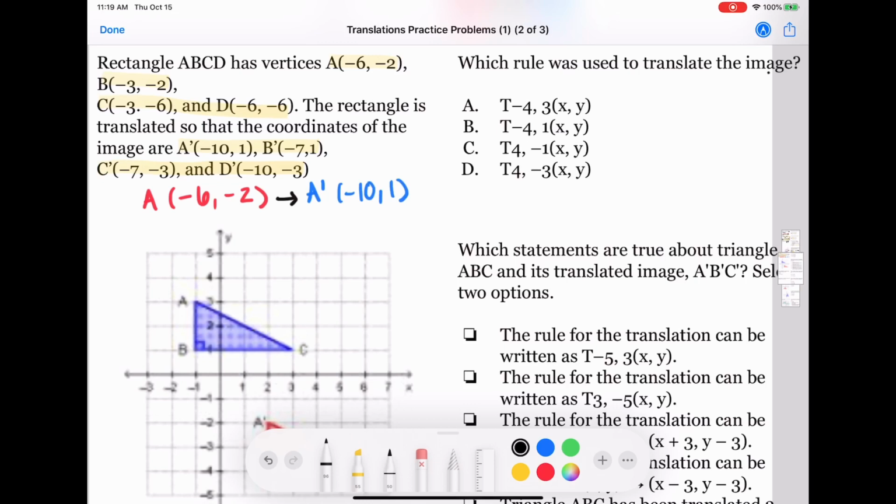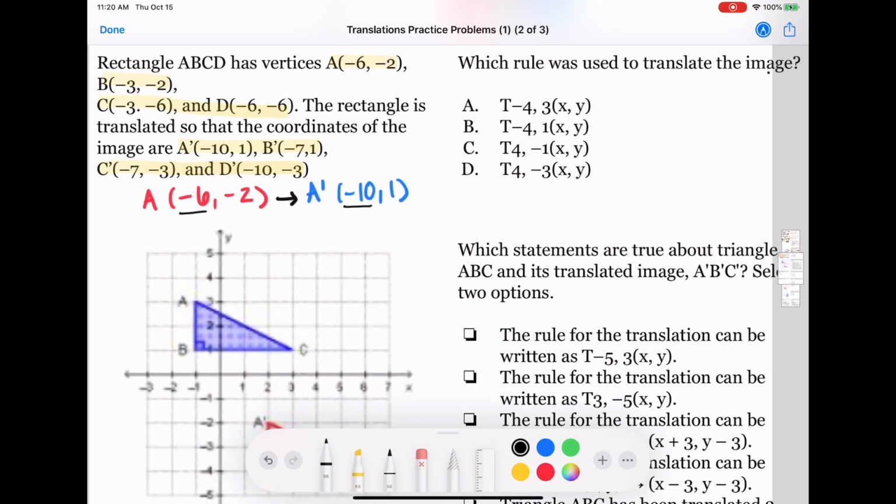Well, given that information, I am being asked to determine what is added or subtracted from the original coordinate to get to our resulting coordinate. So what do we add or subtract to -6 to get to -10?